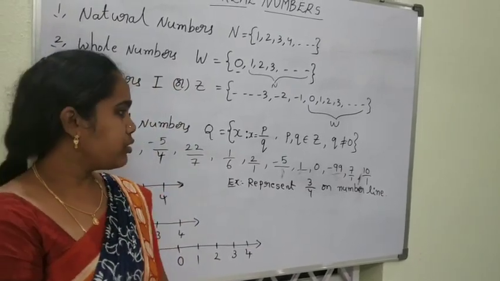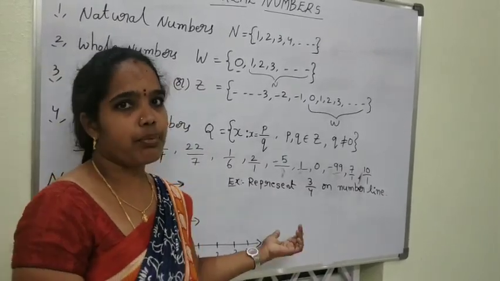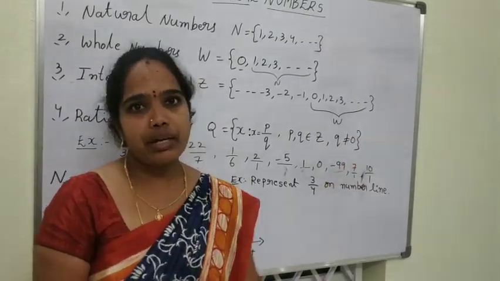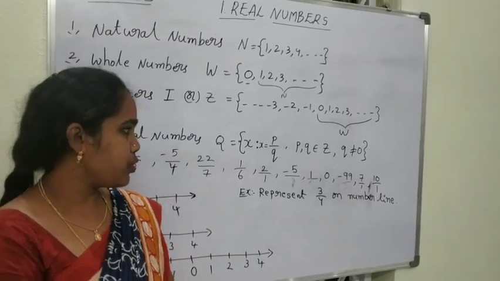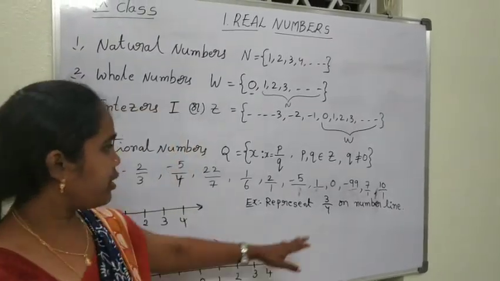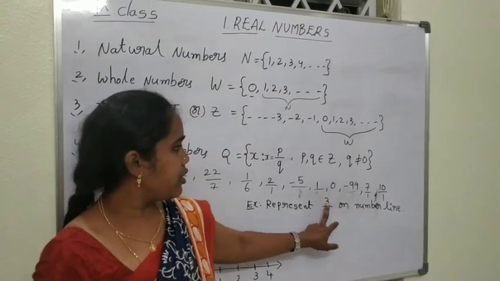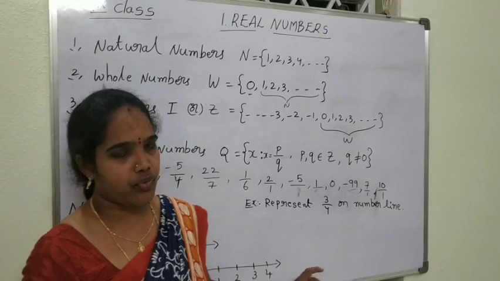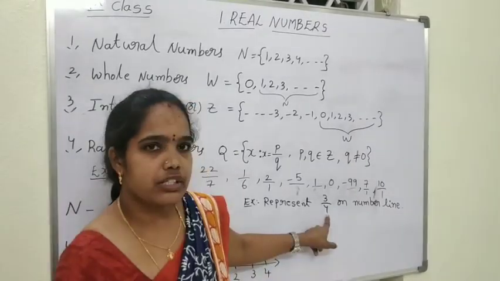We have two ways. One is pictorially, we can show that. The other one is on the number line. First I am showing pictorially. Listen, children. 3 by 4. What is the meaning of 3 by 4? So here the denominator is 4.